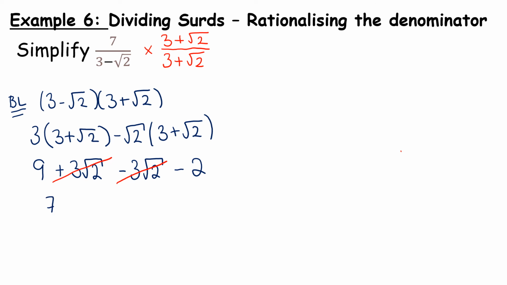So now, if you want, you can work the top line here, and that is 7 times 3 plus root 2. 7 times 3 is 21, and 7 times root 2 is 7 root 2.